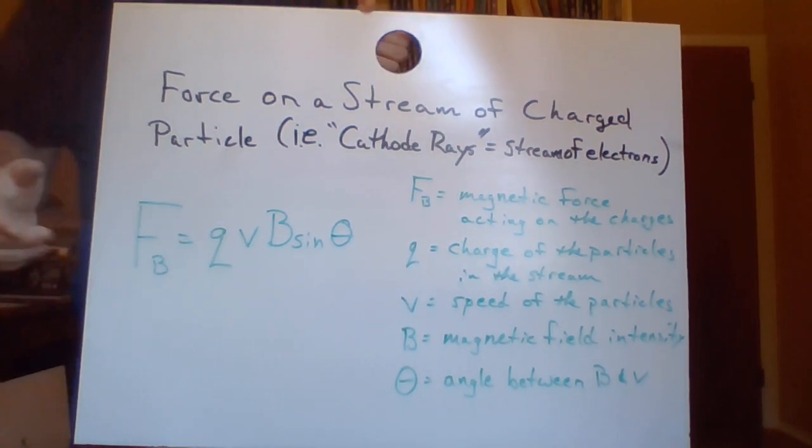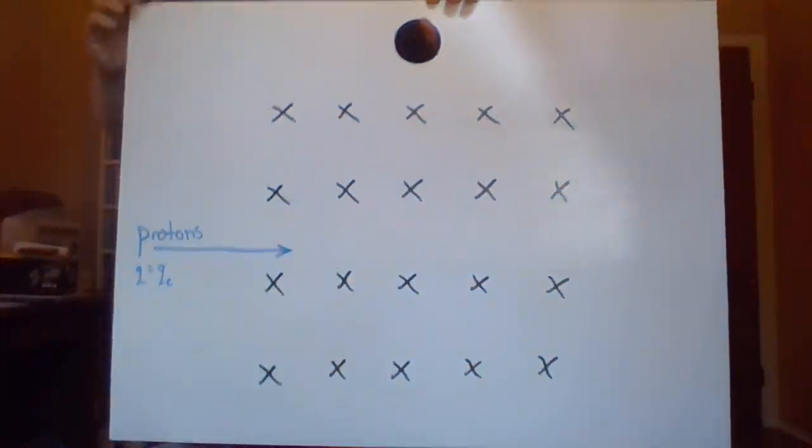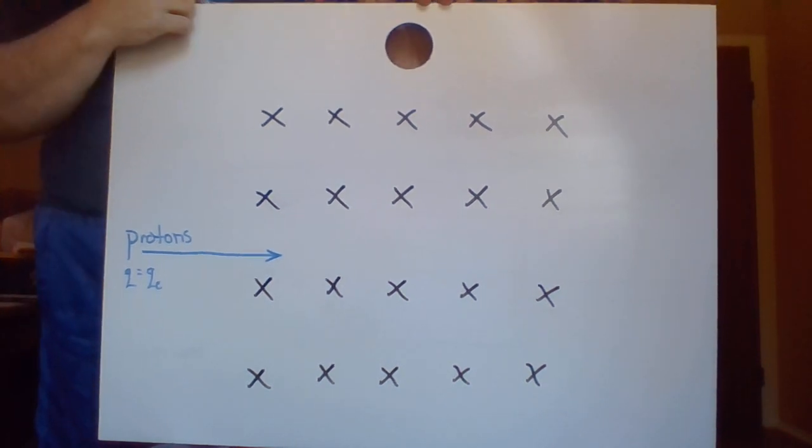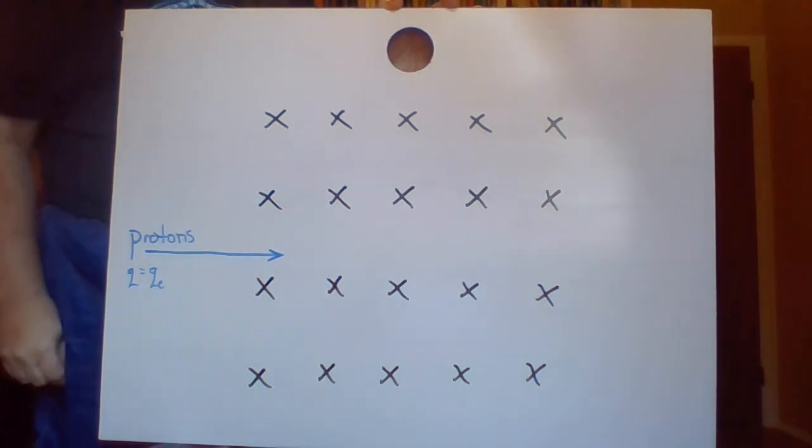Okay? So how would this work in a diagram? Let's say we're at the Large Hadron Collider, and we're going to take a stream of protons and fire it through a magnetic field, all right?